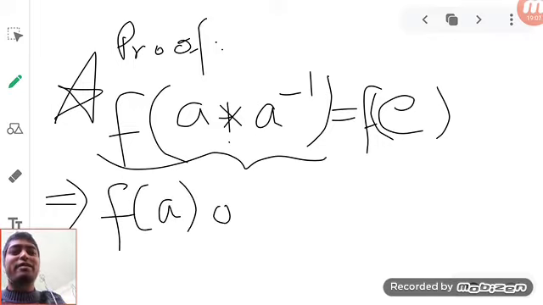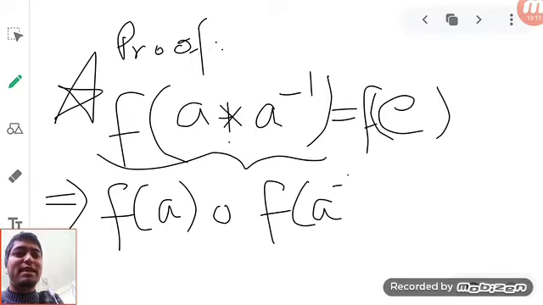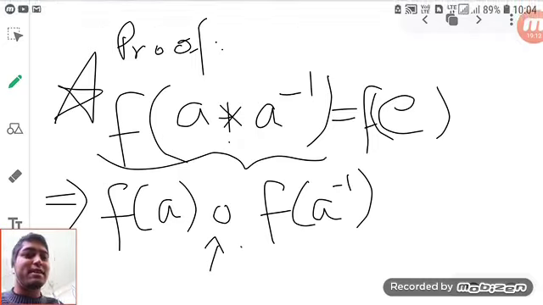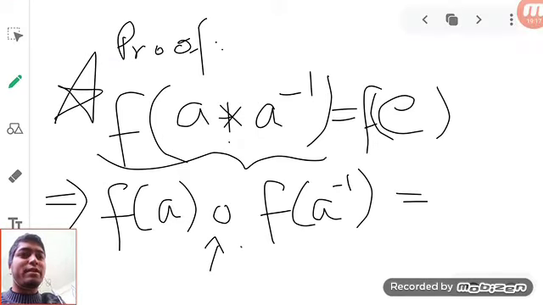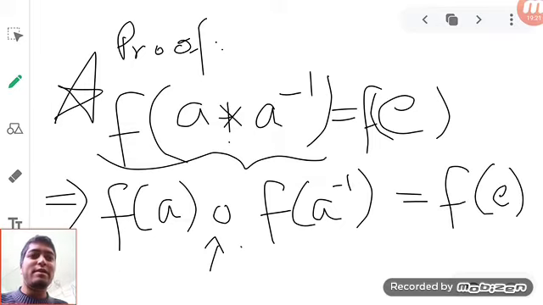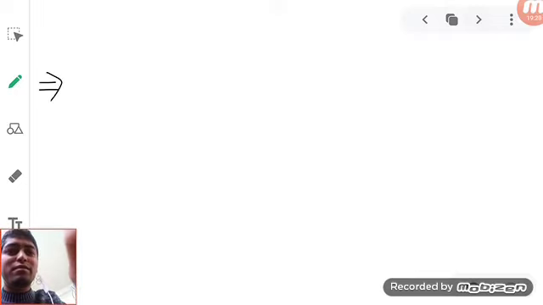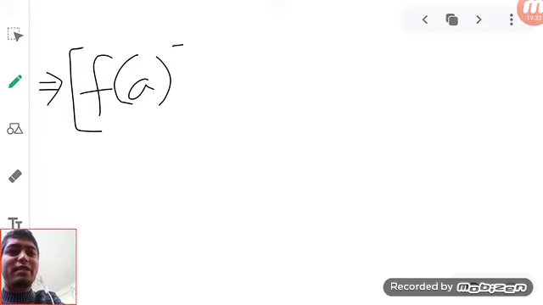Fa, but if you split, the operation of the new group, the group G dash, will be present. And over here will be Fe. So now what will we do? We will multiply both sides on the right by the inverse of Fa.